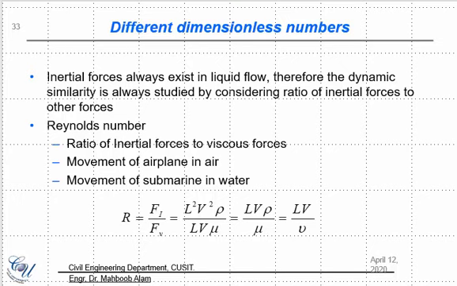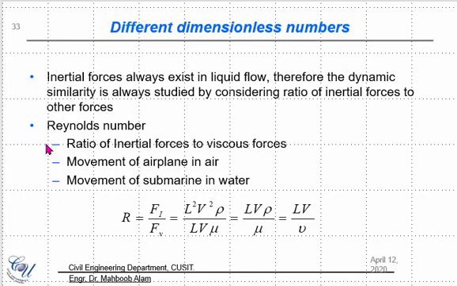Why we are looking at these dimensionless numbers is that sometimes we have to ensure that the Reynolds number in the model and in the prototype is the same, and then you have to look at the ratios. So that's why it is important to understand what the Reynolds number is and what the other dimensionless numbers are.